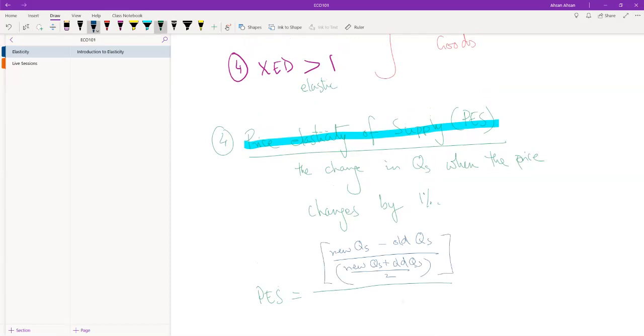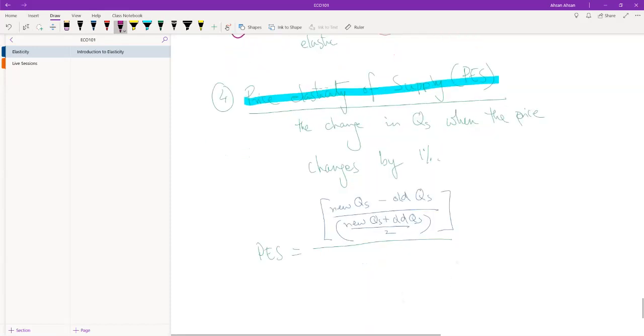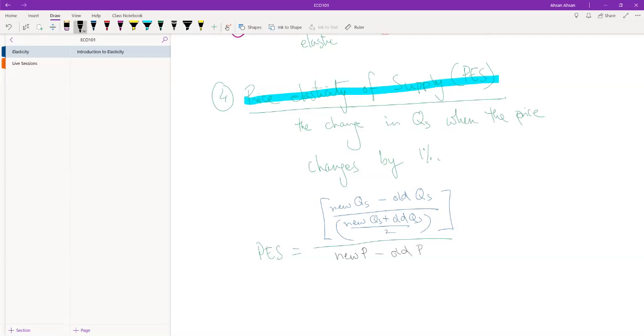This whole thing will be divided by new price minus old price divided by new price plus old price divided by 2.